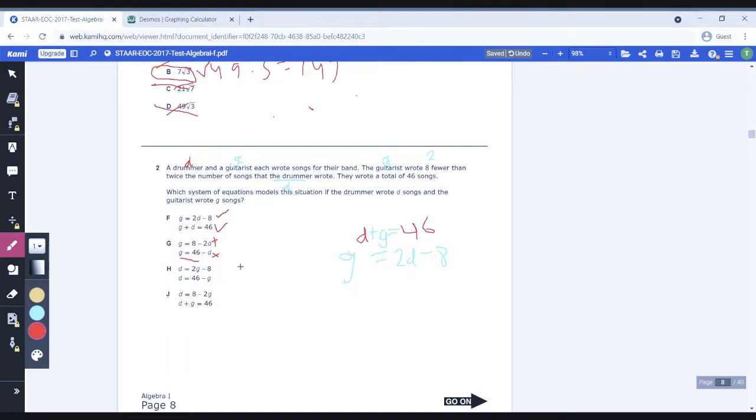So let's look at the next one. G equals 2G minus 8. Not really. It's actually guitarist equals, so it would be no. And also equal to guitarist equals, so no. So your answer is F.